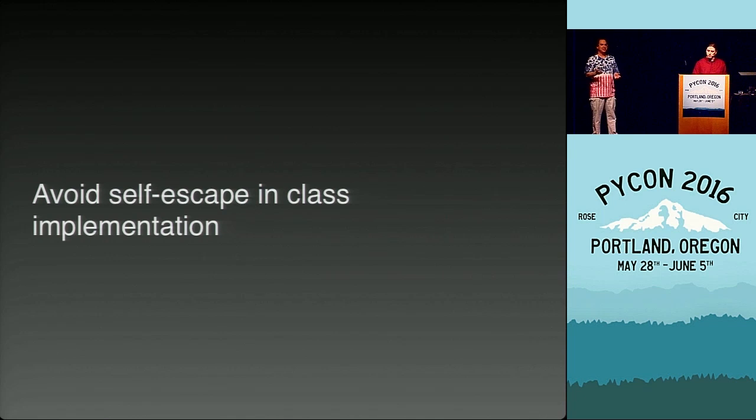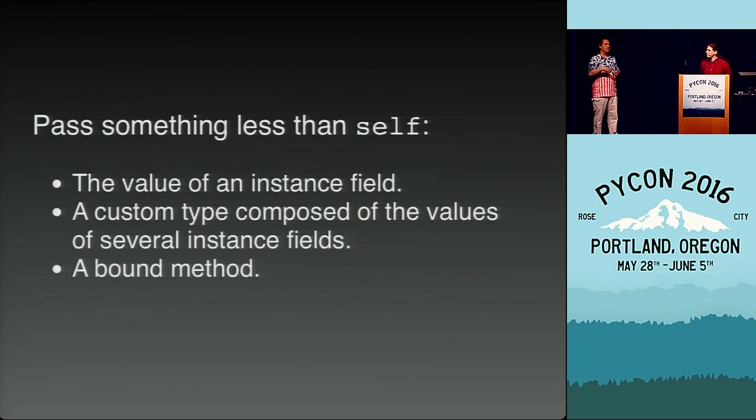The way out of that situation is to ask yourself, do you really want the system to which you passed your self-reference to be able to call any part of your public API? Almost always the answer is no, and points to what you really want instead, which is to pass the value of an instance field or several instance fields wrapped up in a helper type or a bound method or something smaller than your object's entire self.